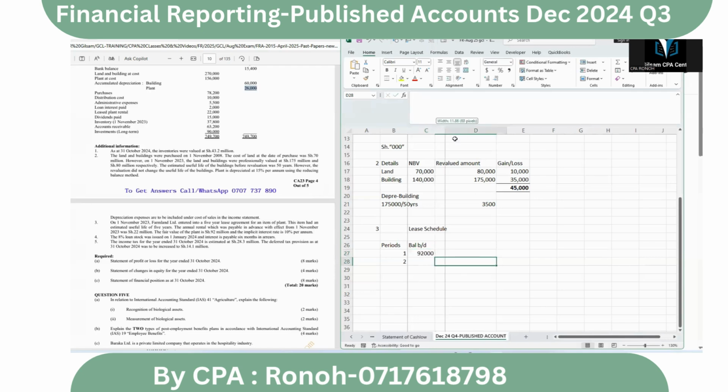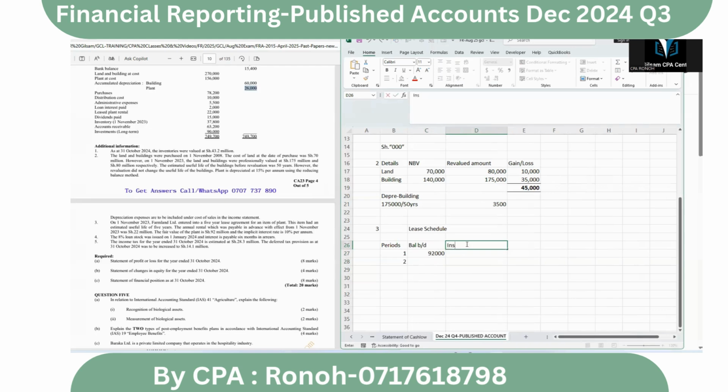Now, for that, you take the installment. The installment is paying 22 million. So we can have the balance here, which will be this minus that to get for us the balance.